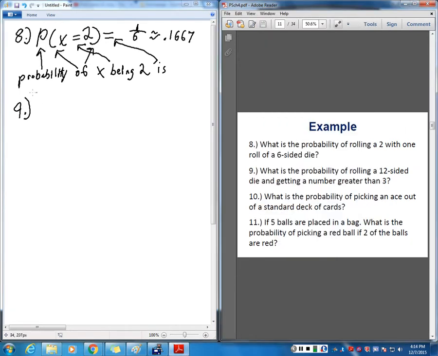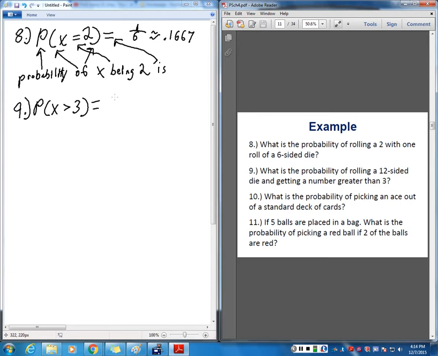Number 9. What's the probability of rolling a 12-sided die and getting a number greater than 3? Alright, notation first. Probability that x is greater than 3. How many sides are greater than 3 on a 12-sided die in this case? Notice the directions, 12-sided die. 4, 5, 6, 7, 8, 9, 10, 11, 12.